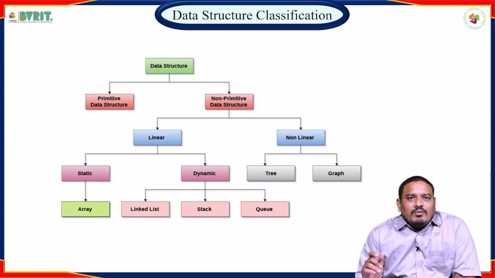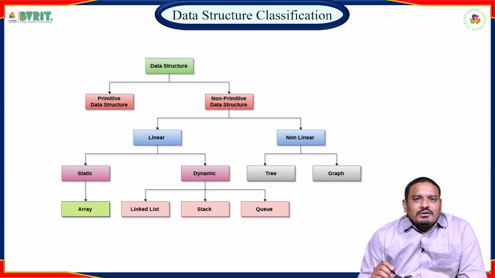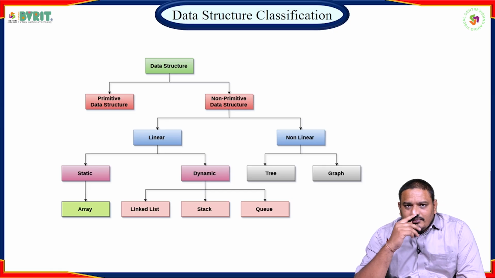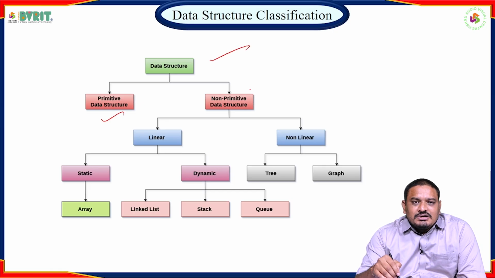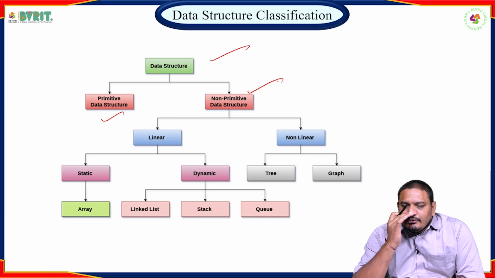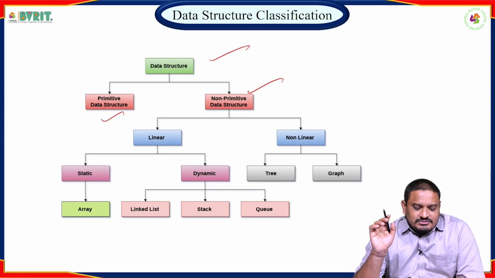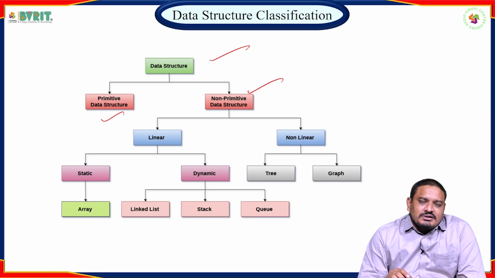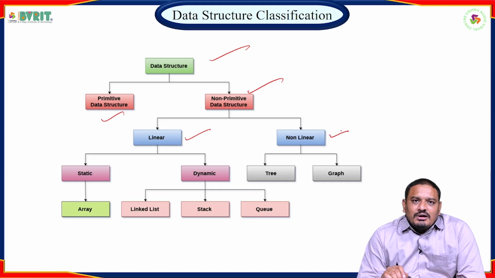Coming to the classification of data structures. See this diagram. Data structures can be classified into primitive data structures and non-primitive data structures. In our syllabus, we are covering only non-primitive data structures. Non-primitive data structures can be classified into linear data structures and non-linear data structures.